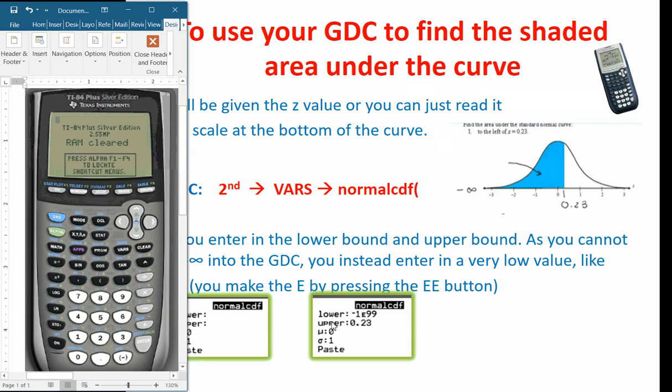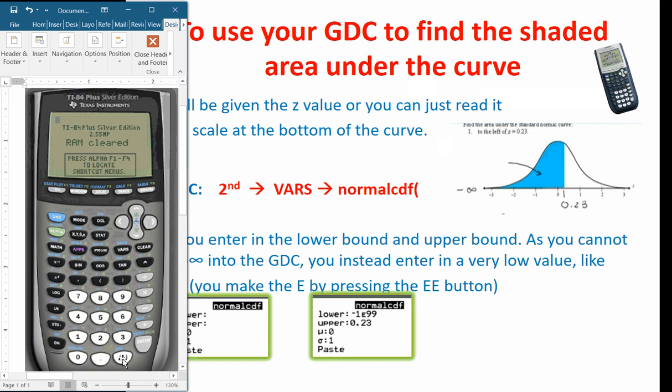To put in this -1 E99, you make the E by pressing the EE button. Can you see the EE button on your calculator? That's right, it's there.